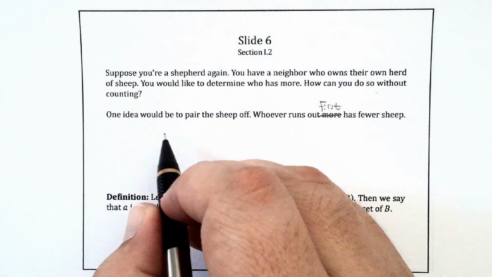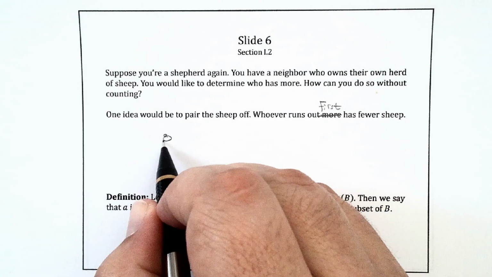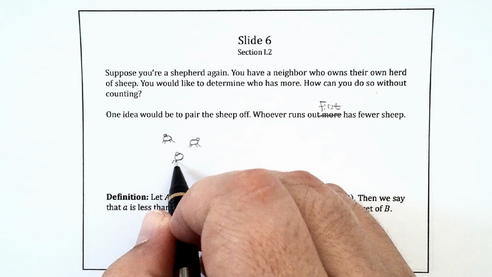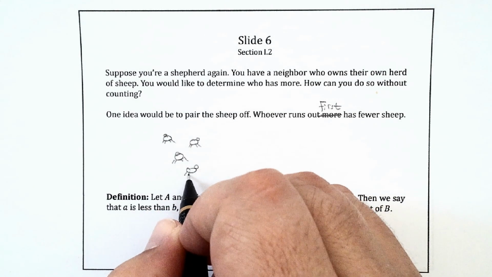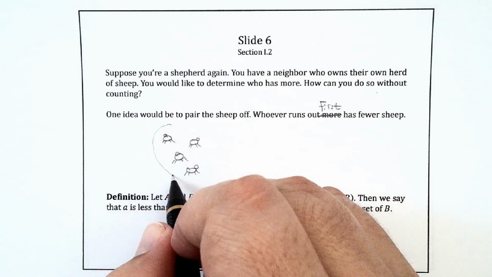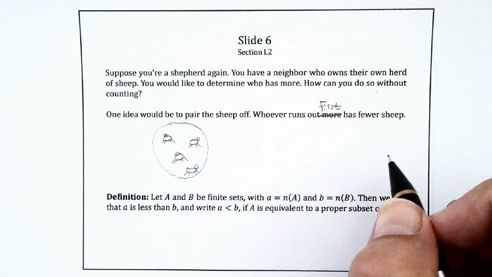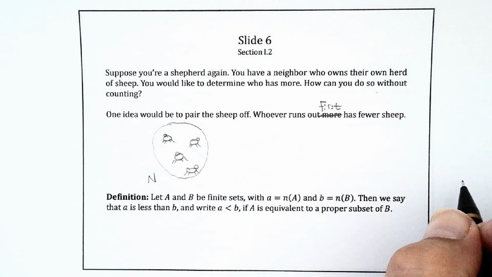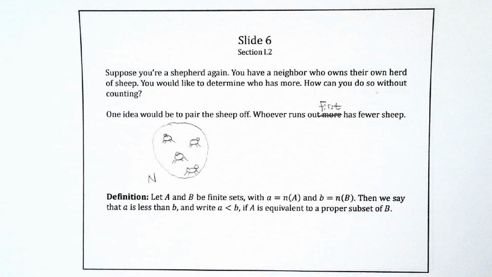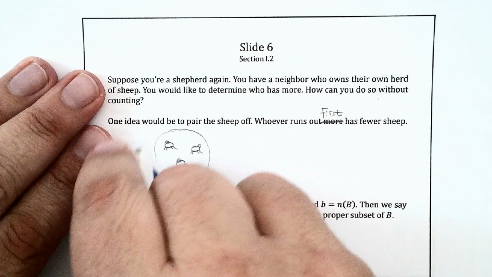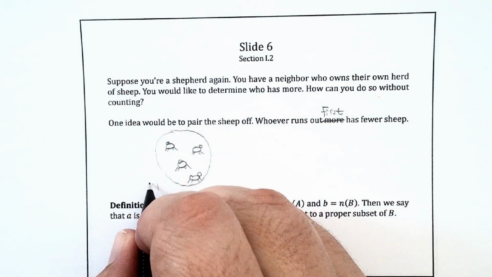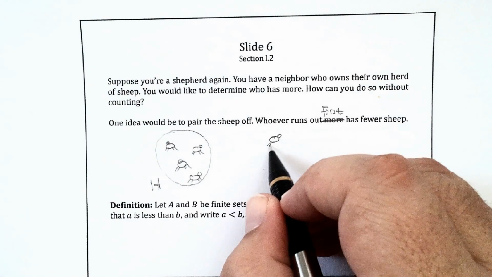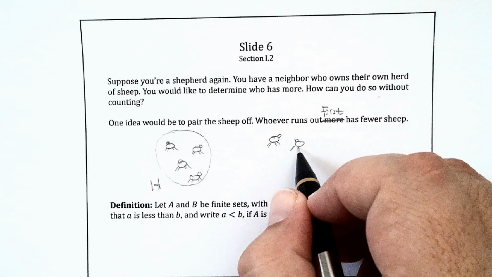So, yeah, maybe my herd has 4 sheep. Let's say this is the neighbor's herd. Okay, and let me not use the letter N for that. We'll call it H for herd. And then let's say, here's my sheep, and I still have my 7.